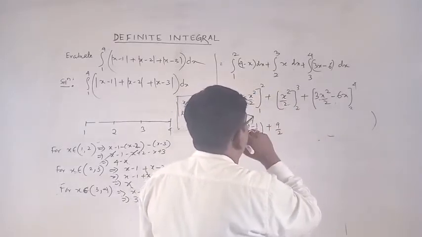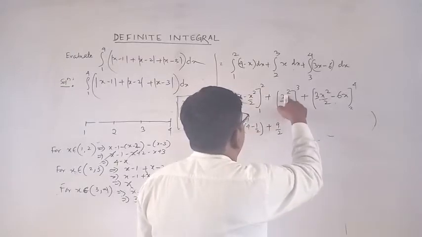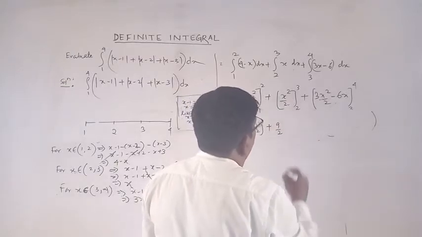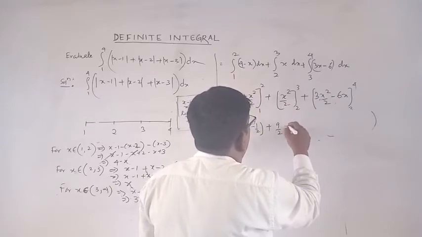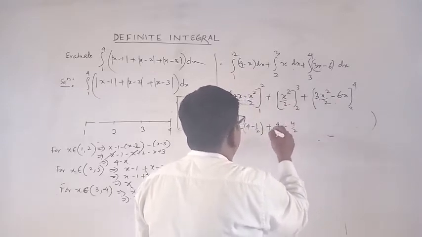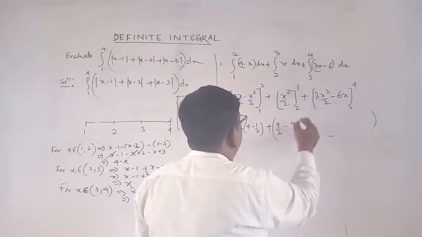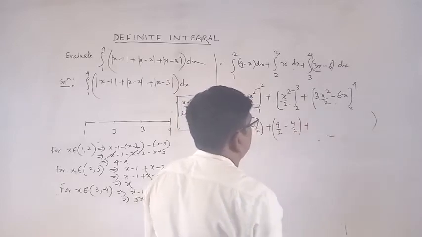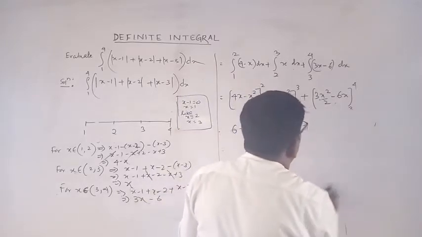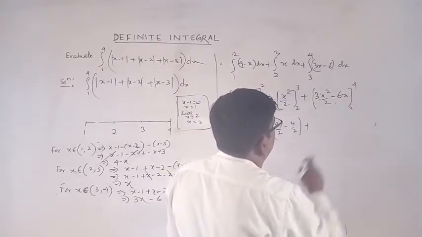9 by 2 minus what? 2 square by 4 square, 4 square by 2. Okay, and this is what? 16.